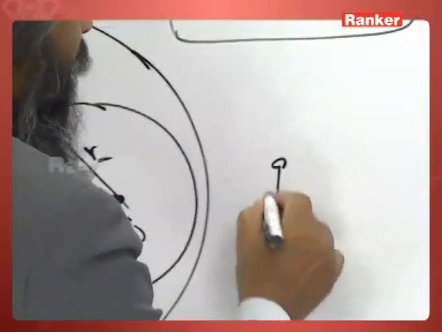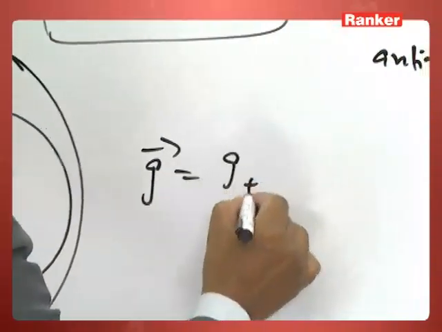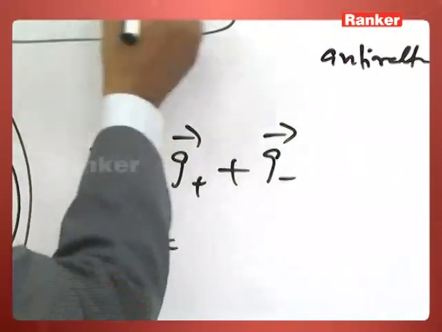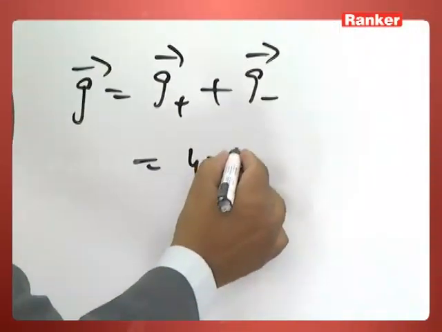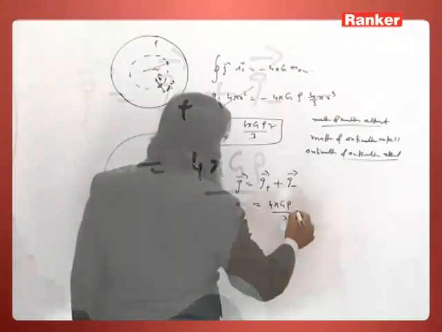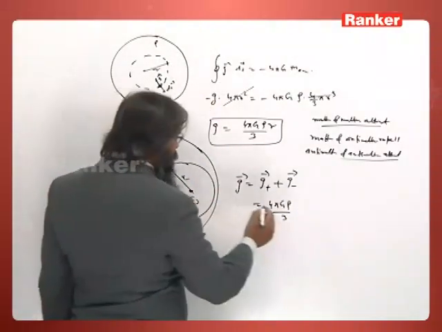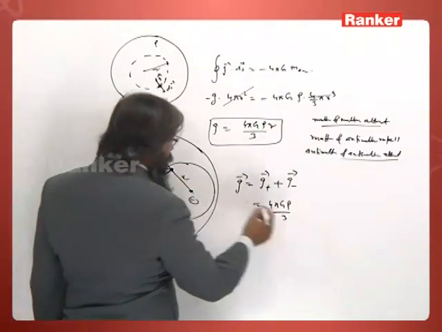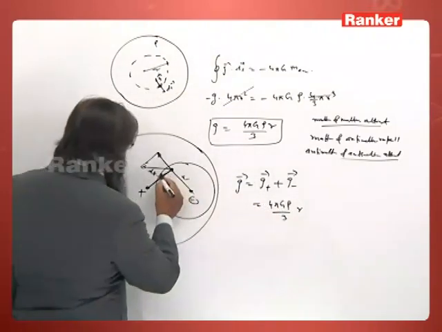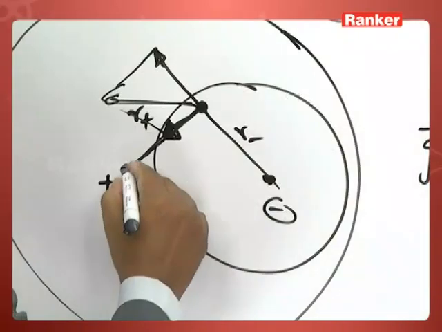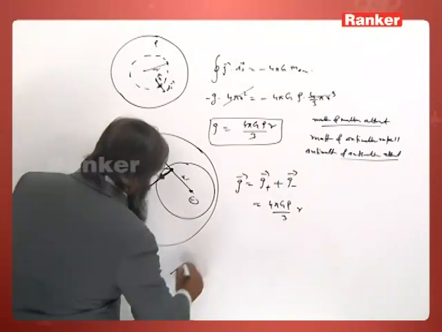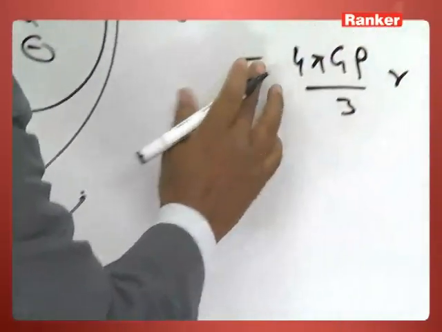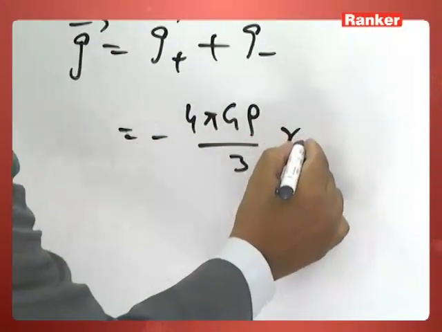So G here is the sum of G positive plus G minus. G positive is 4πGρ/3 and its direction is inward, along minus r plus vector, where r plus is the radius vector I have drawn.